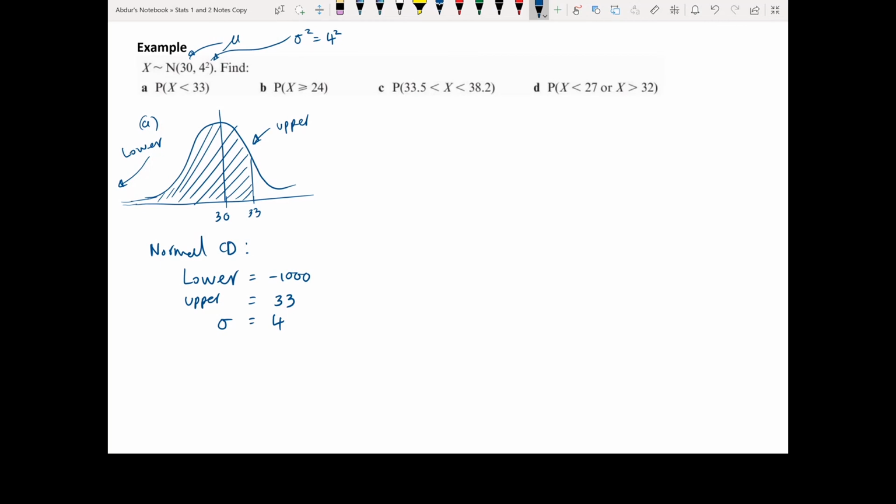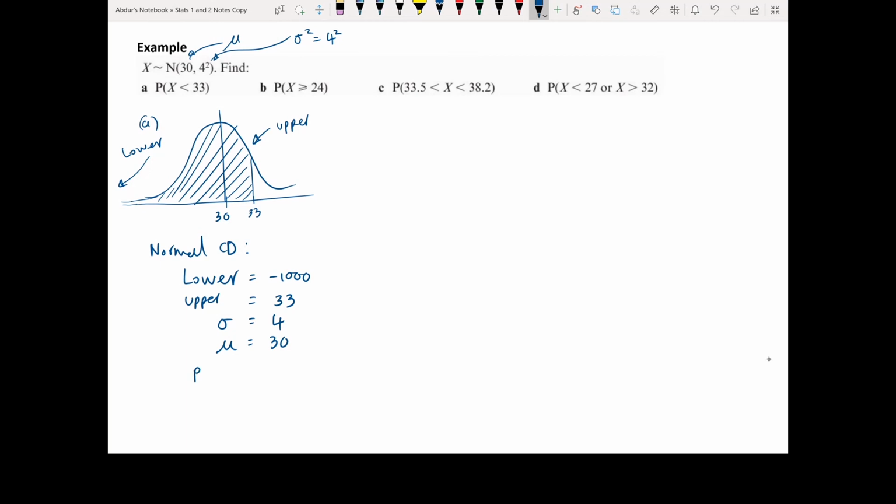And then we've got the mean, and the mean here is 30. Put that in, and when you put that in, it gives us an answer for the probability.